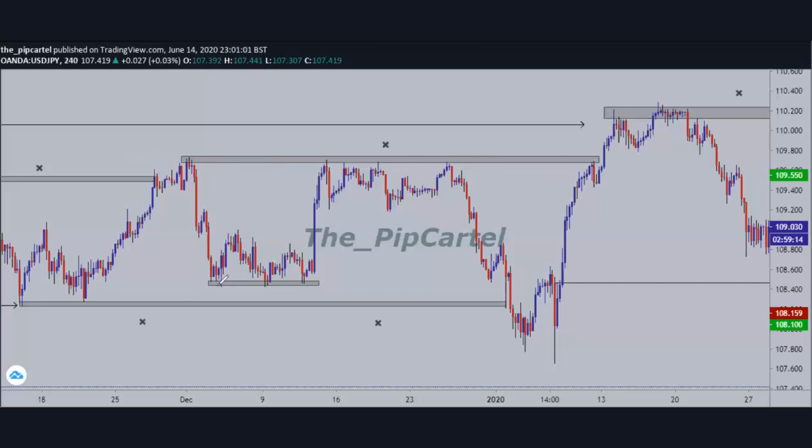When it becomes obvious, you can see this level as well. 3, 4 times it becomes obvious, and price came back again. You can see it got the retest, then came down, and up. So when you have obvious support and obvious resistance, you want to avoid those zones.